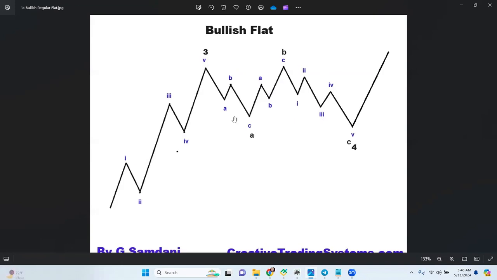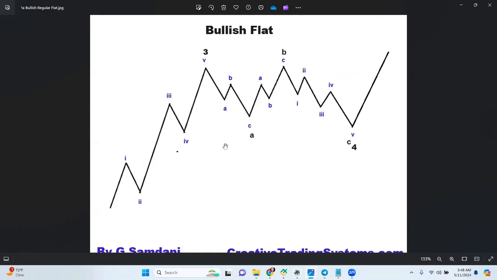But a different version is sometimes they are exactly equal, like a double top here, double bottom, and then it goes up, right? A equals B equals C. But since we have a 3-3-5 pattern here, 3 waves small a, 3 waves small b, but this wave C has 5 waves, 1, 2, 3, 4, 5. So that's why it is a little bit bigger than A and B.